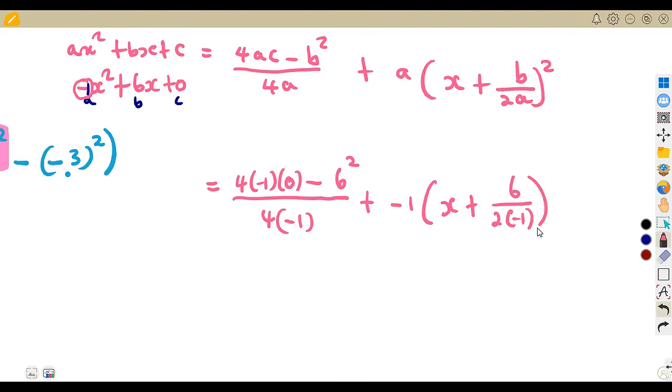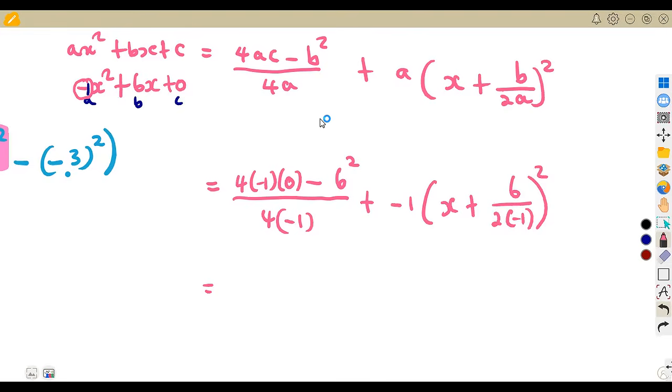If this formula is true, it means we must obtain the same answer as the traditional method of completing the square.